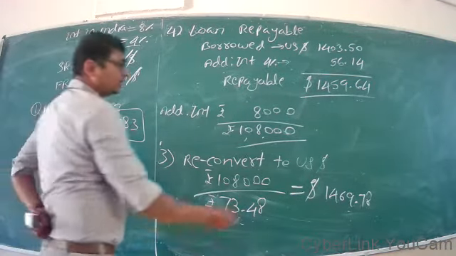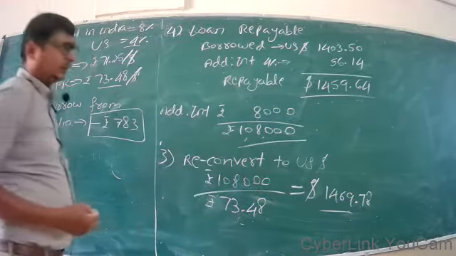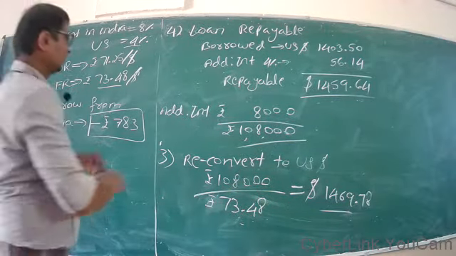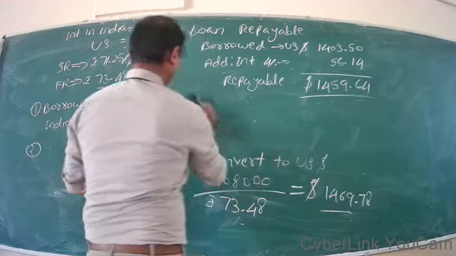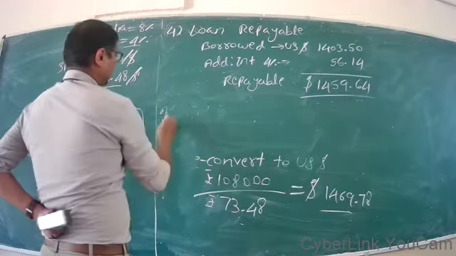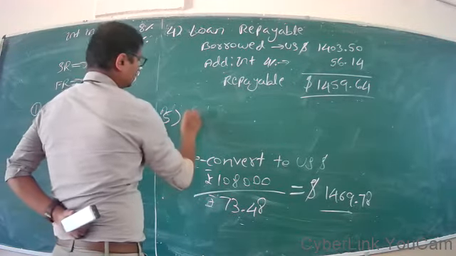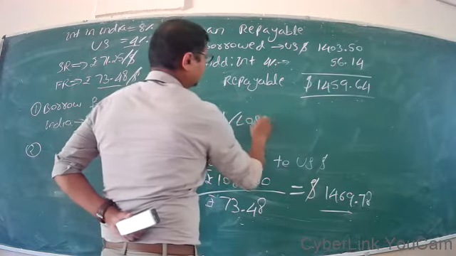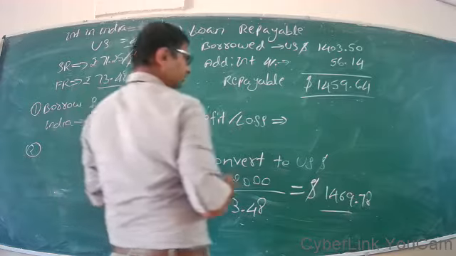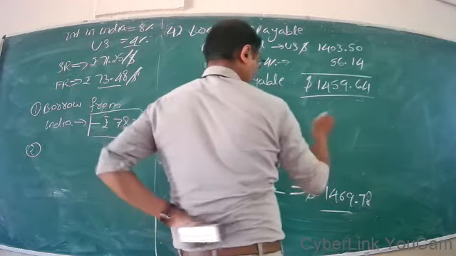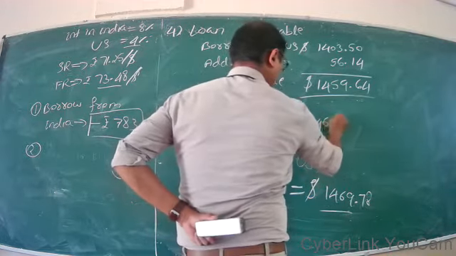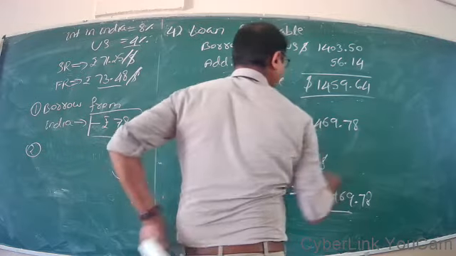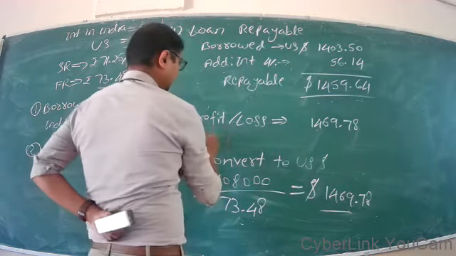Now the amount you have earned is 1469. Profit or loss after 1 year: 1469.78 you have earned.